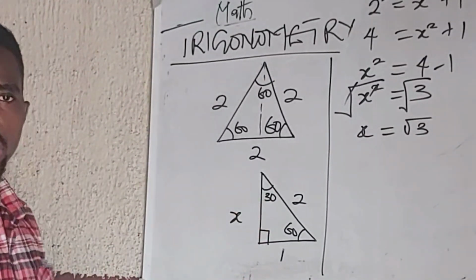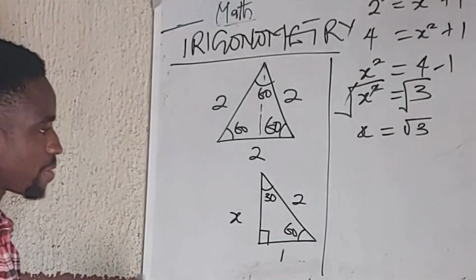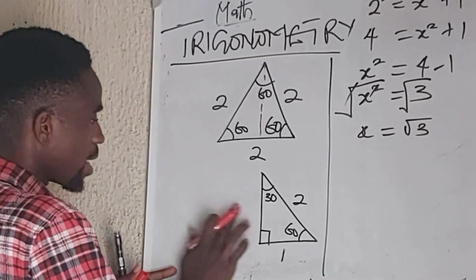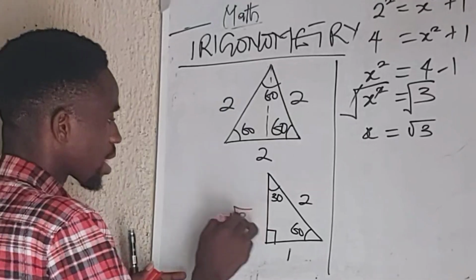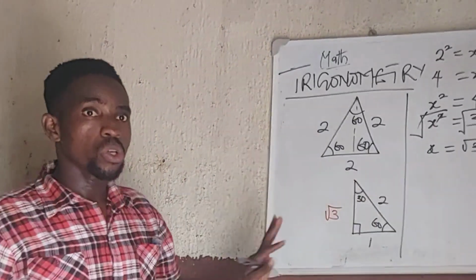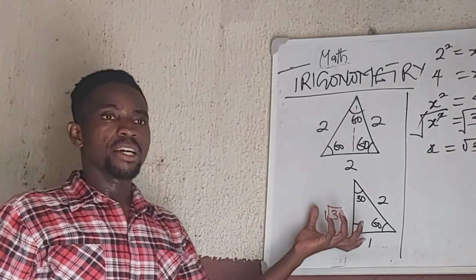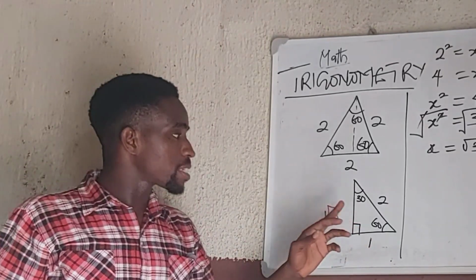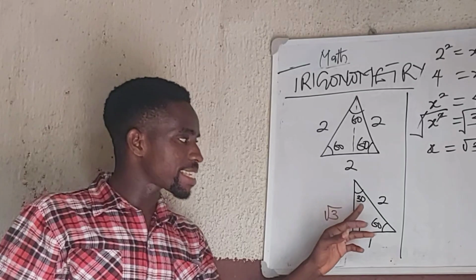Now what are we going to do with this whole relationship that we have just found, or values? So we have that here is now root 3. Let's go ahead and use this triangle to find the trigonometrical values for the special angles, angle 30, angle 60.